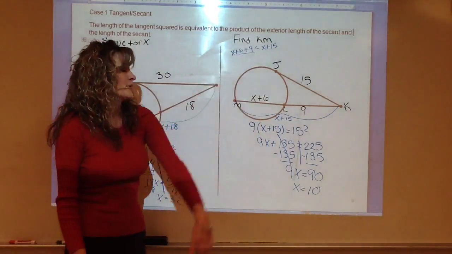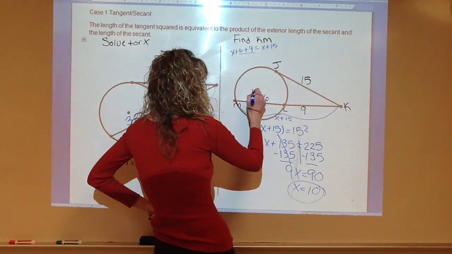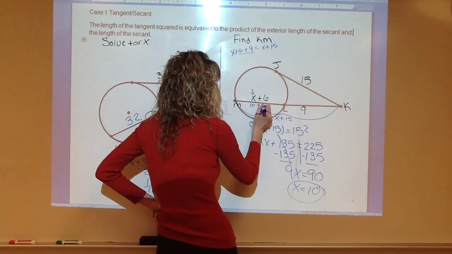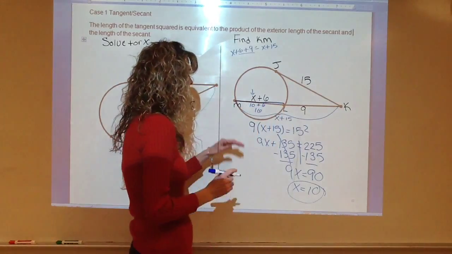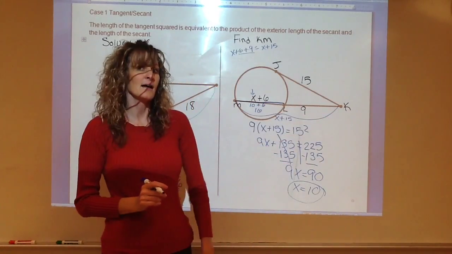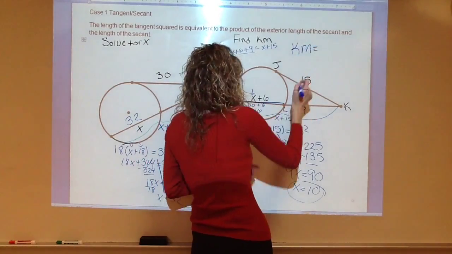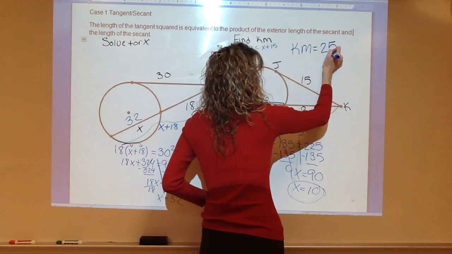It didn't say solve for x. It said find km. So I have to put this 10 back in place of this x, right? So 10 plus 6 is 16. So I know this distance right here is 16. And that distance right there is 9. So km is 16 plus 9, which is 25.